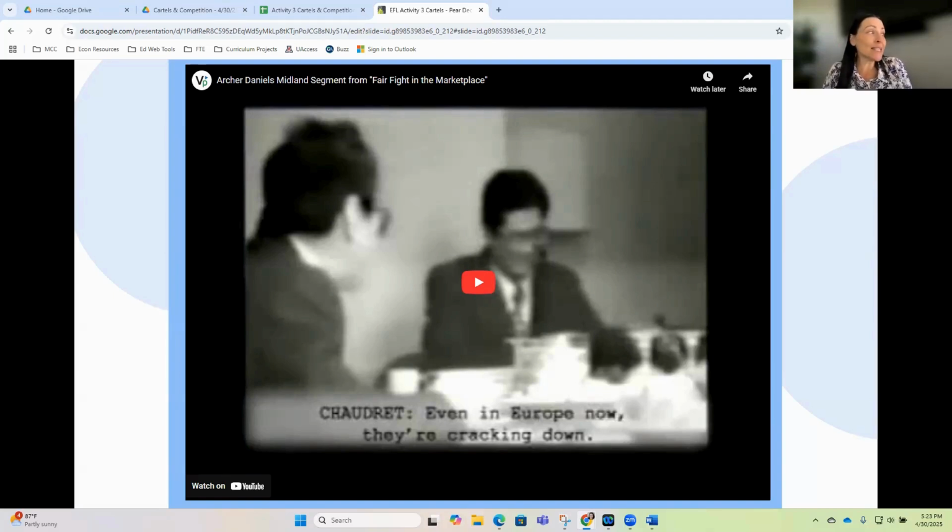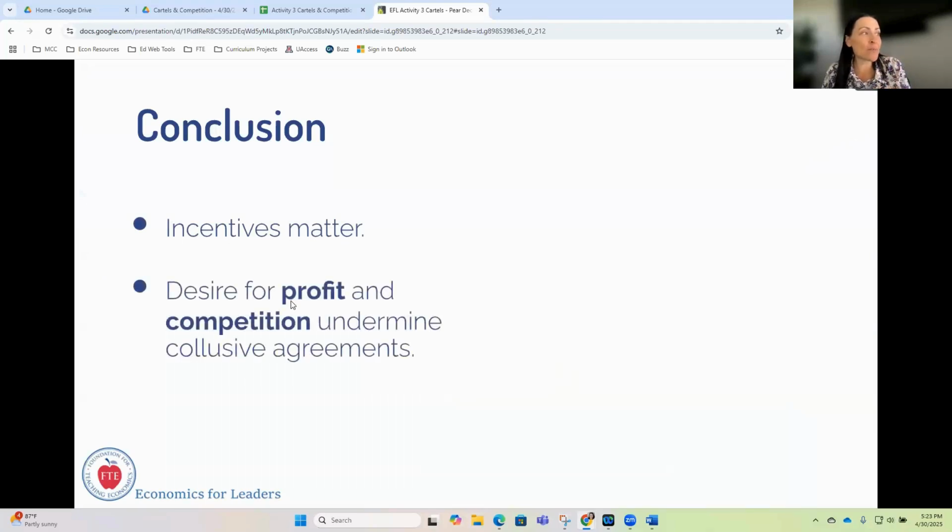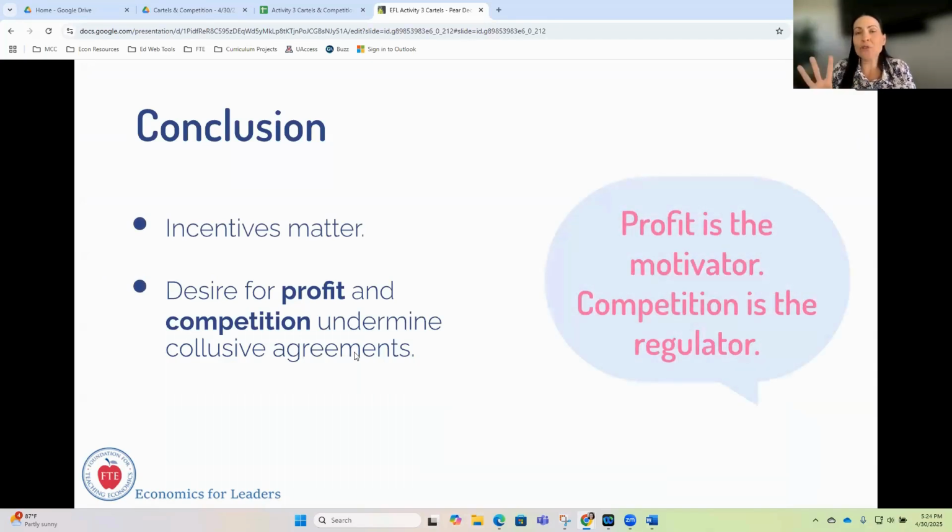And so what does protect us from this kind of thing happening? Incentives matter. And so the desire for profit and competition undermine collusive agreements. I like to end with this quote for students. Profit is the motivator. Competition is the regulator. So profit is what motivates people to collude. And that incentive is always going to be there. The less competitive that markets get, the easier it is for those collusive agreements to hold.